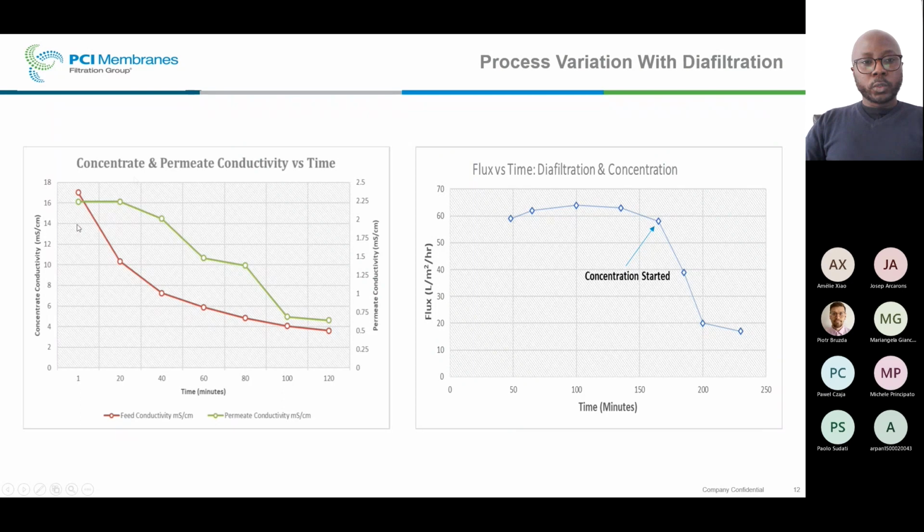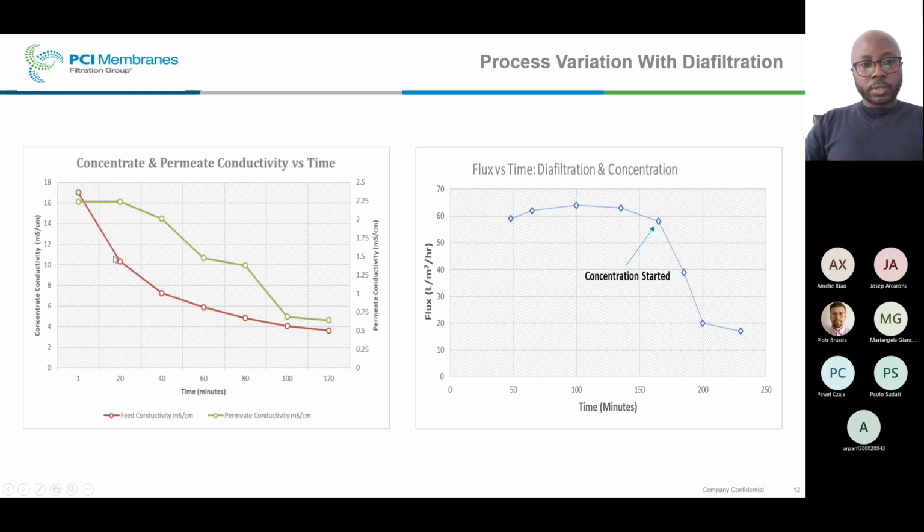With one of the tests that has been completed on a dye product, I'm also able to show you the variation of the process parameters over time. Basically looking at the concentrate conductivity, which is being recorded during the test, how this varies with time, as well as the permeate conductivity.